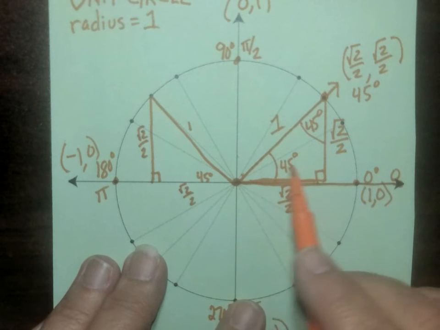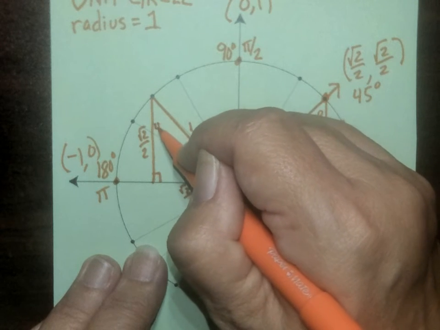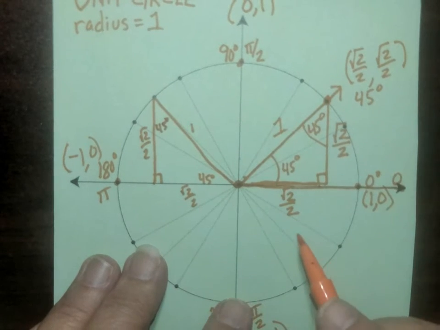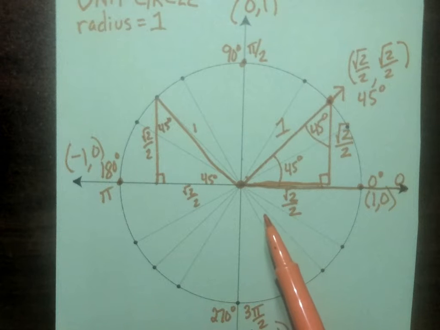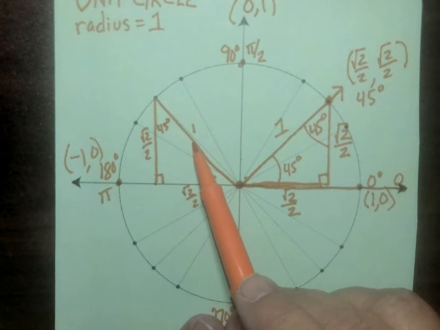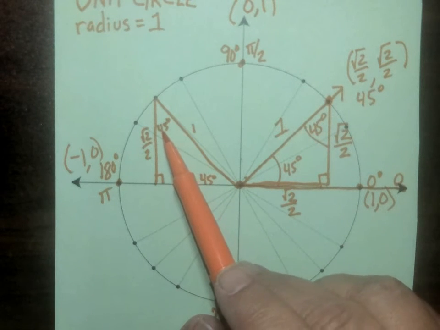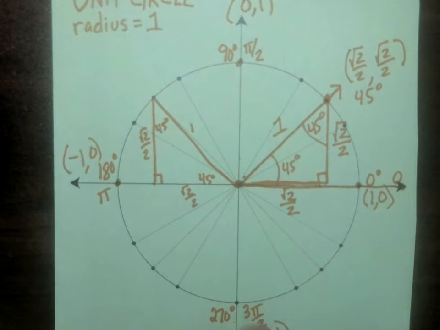These two triangles are congruent, right? They look congruent, but we can prove it by geometry, because I know this is 45, and I know this side is 1, and I know this is 45. Same here.